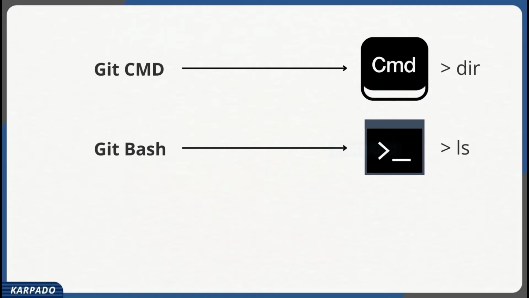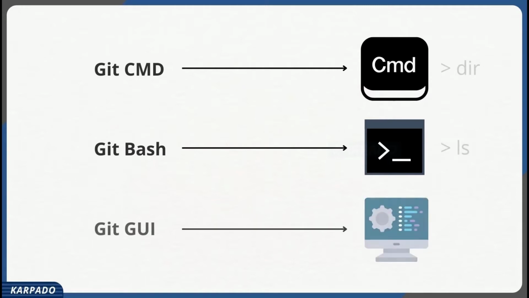If you're using either Mac or Linux, they both come with Unix shell, and you don't have to install Git Bash. Git Bash is only meant for Windows operating system. If you're not used to either of these tools, then obviously it is always better to choose Git Bash over Git CMD. And the reason being, if you're used to Git Bash, you can also work on Linux operating system at a later point in time if you were to.